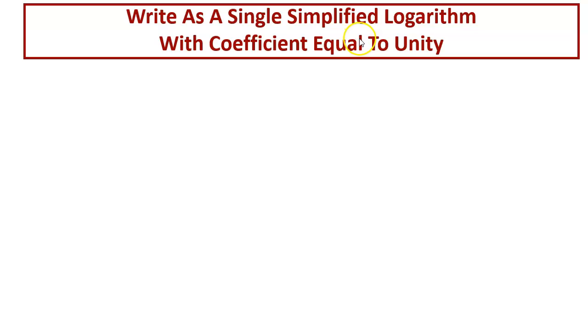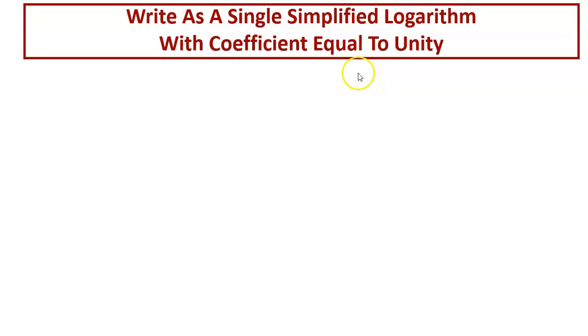So I would definitely ask you to stay till the end of this session so that you know how to simplify logarithmic expressions which contain some variables as well. Not only numbers: the first question will have only numbers, and the second question will have the variables as well.